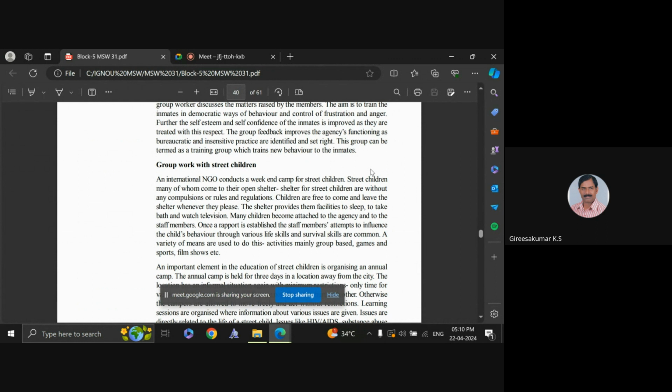They are not responsible for being on the streets because of what they have done. It is the fault of the system, the society, the group. Group means parents, community.